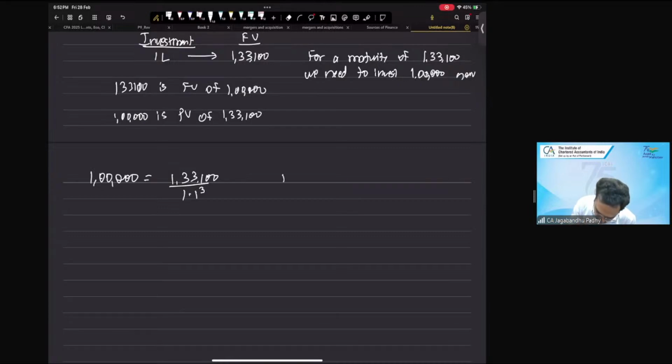That is at a rate of 10%. Now, if I ask you, what is the present value of 1,33,100 if the required rate of return is 12% instead of 10%? Tell me, guys, what will be the present value?